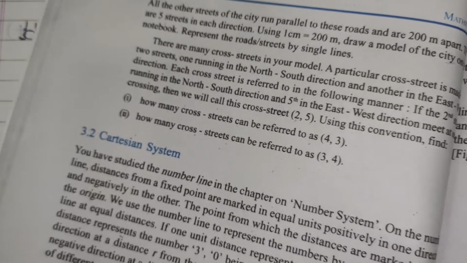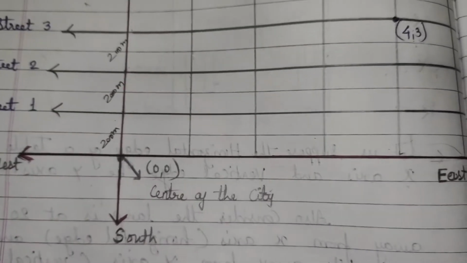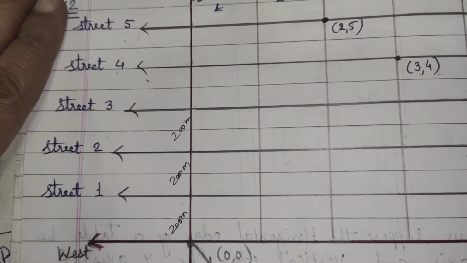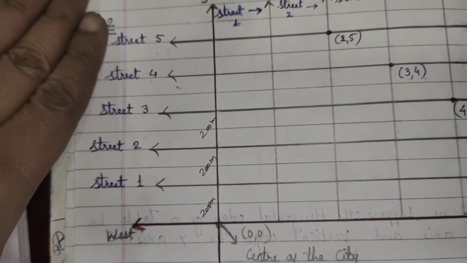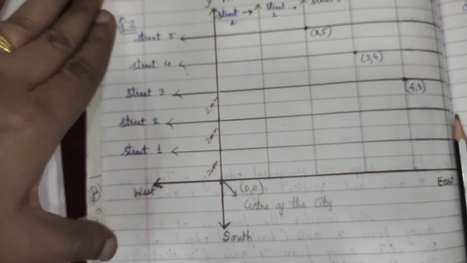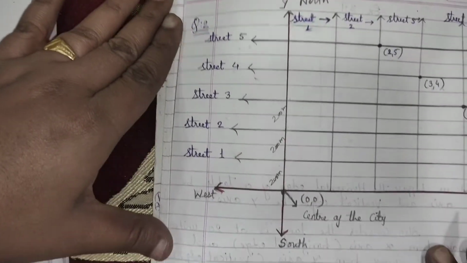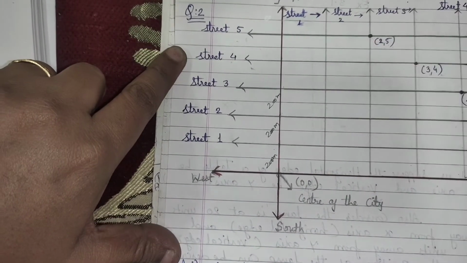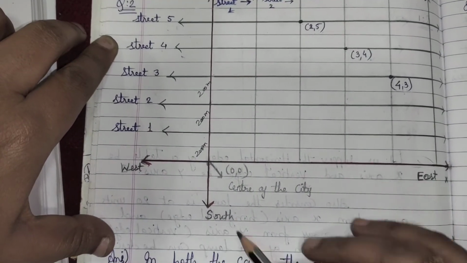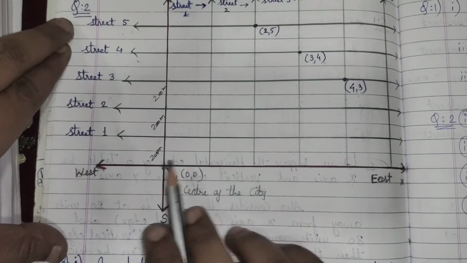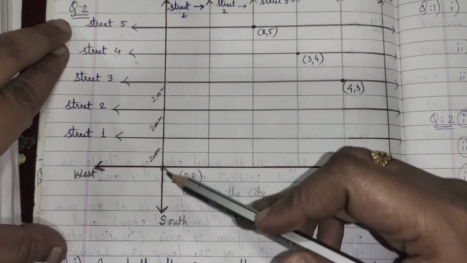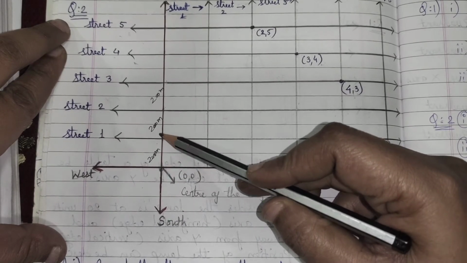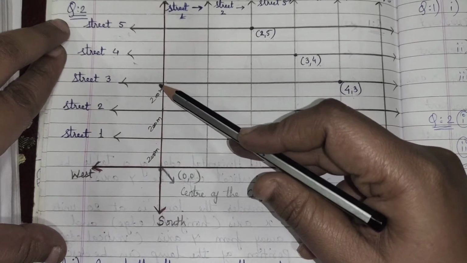So first of all, let us draw a plan of the city. This is the plan of the city. Here you can see this is the east-west road and this is the north-south road. Between these two roads there is a distance of 200 meters, 200 meters, 200 meters, like this.